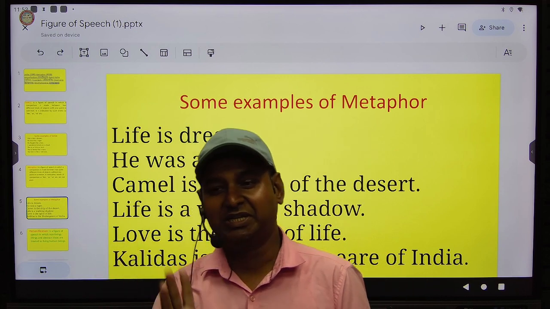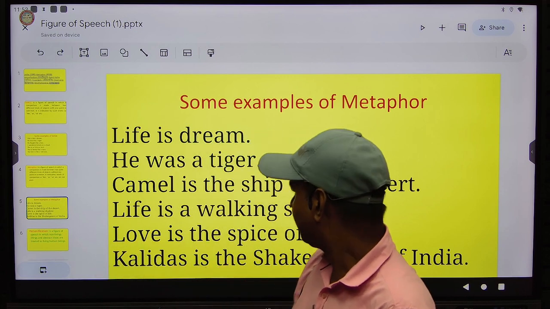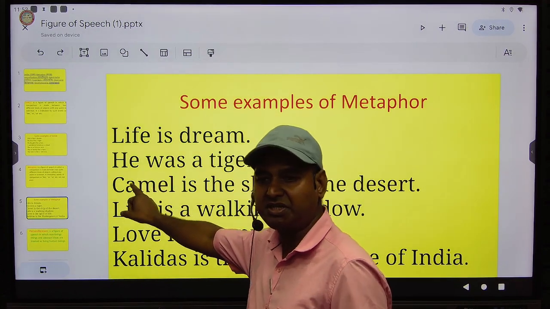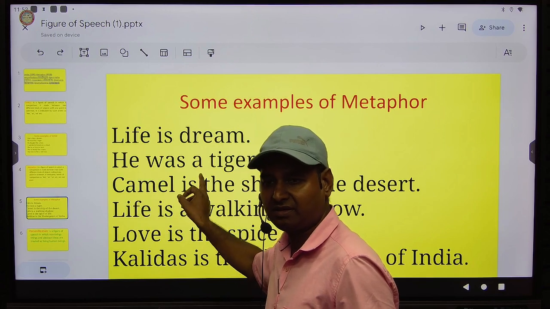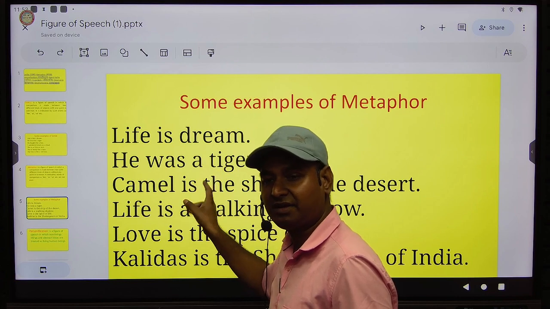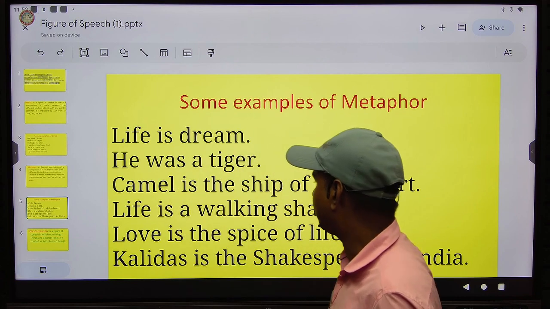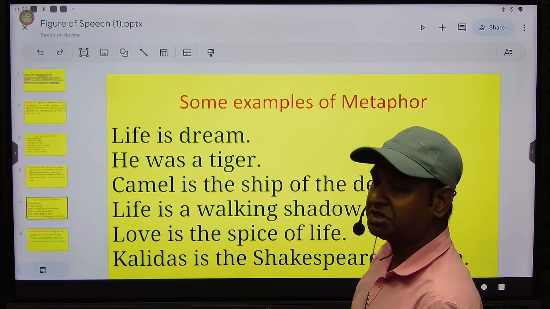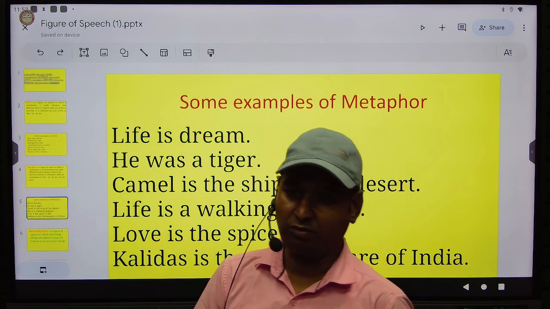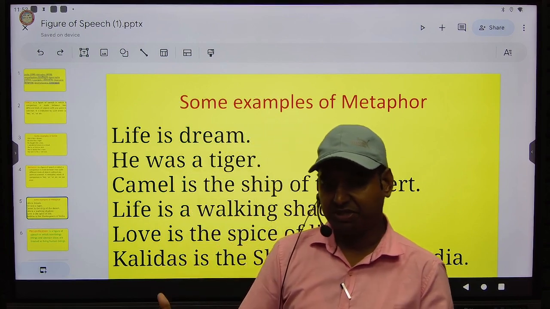He is tiger, directly tiger. So this is metaphor. If we write he was like a tiger, then it could be simile. But he is a tiger, it is not simile, but it is a metaphor. Camel is the sheep of the desert. Very popular proverb.